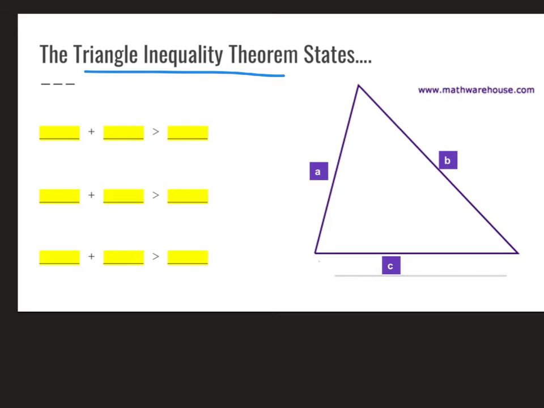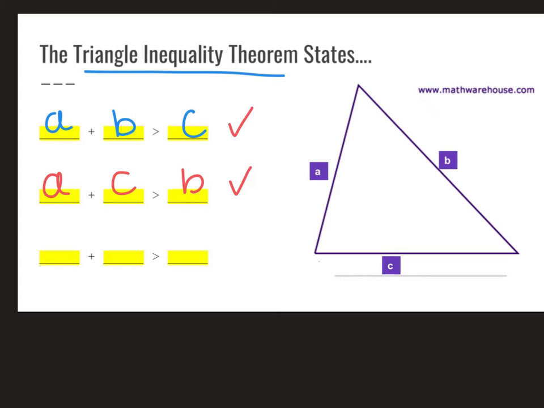So here we have a triangle, and each of our sides are labeled A, B, C. The triangle inequality theorem says that if you take side length A and add it with B, it should be greater than side length C. And if that's true, then we keep moving on. We keep moving on, and we see if side length A plus side length C is greater than B. And if that's a true statement, then it's check, we're good, we keep moving on.